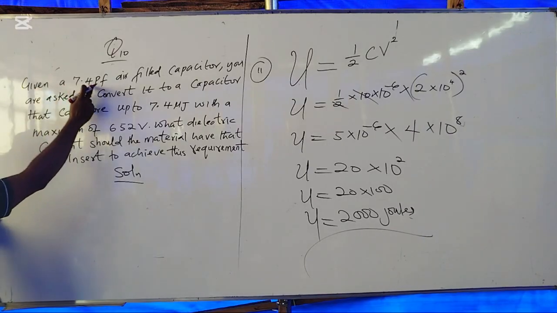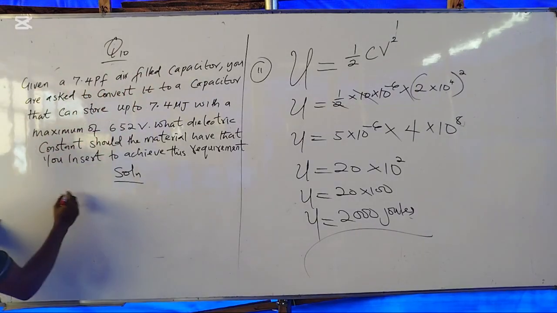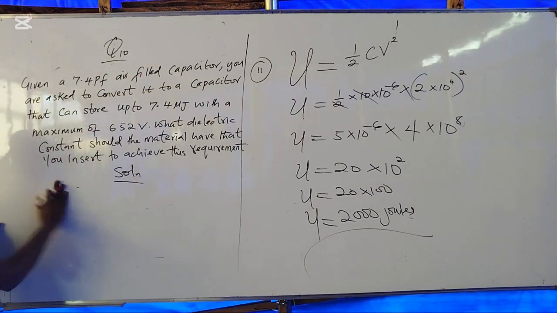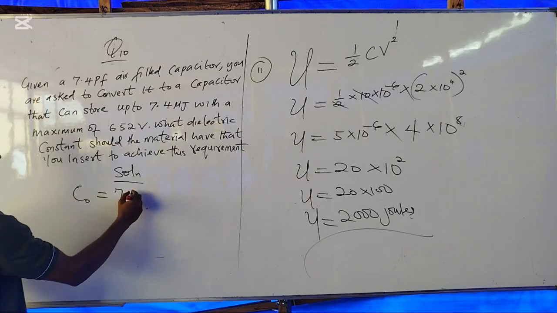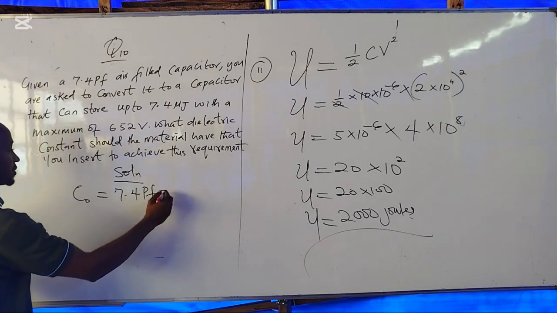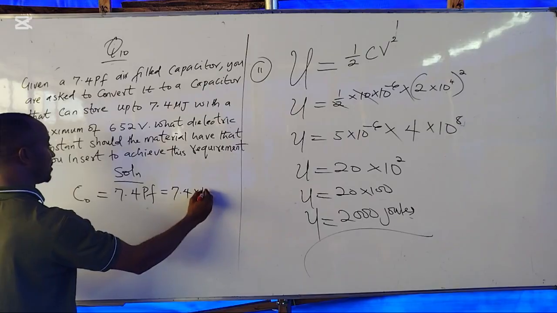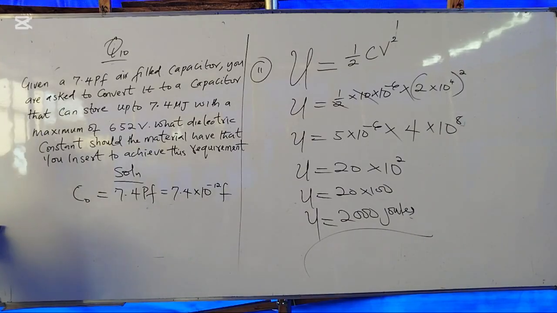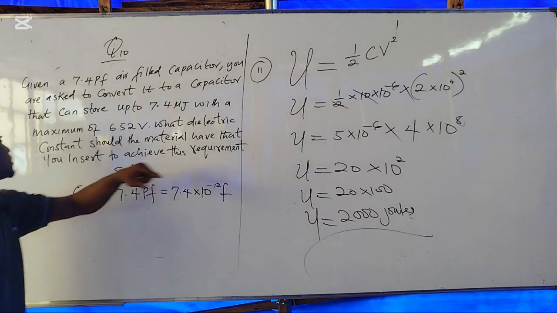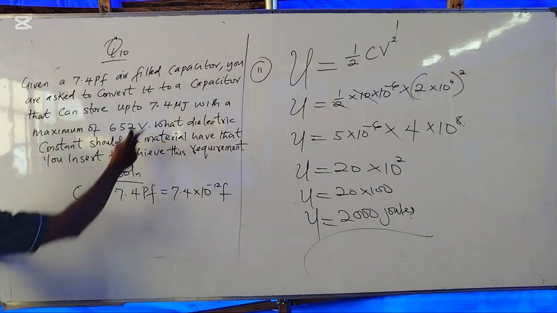Given a 7.4 picofarad air-filled capacitor, that means our C naught is given, right? What's that C naught here? 7.4 picofarad, which is the same as 7.4 times 10 to the power minus 12 farad. And we have to convert it to a capacitor that can store up to 7.4 microjoule.